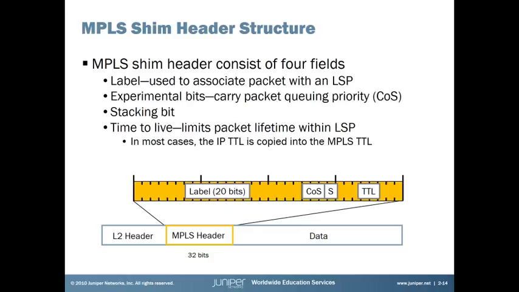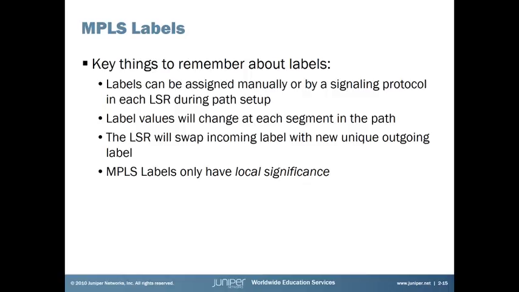So the basic principle is that we insert a label into the packet, and we're then able to make forwarding decisions based on the label rather than the IP address. So labels can be assigned manually or by a signaling protocol. Here we go, so we'll do this in the labs. You'll actually do both of these.